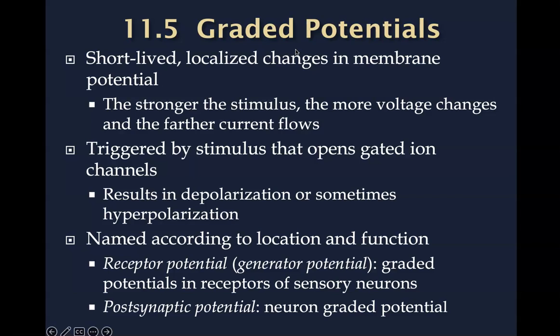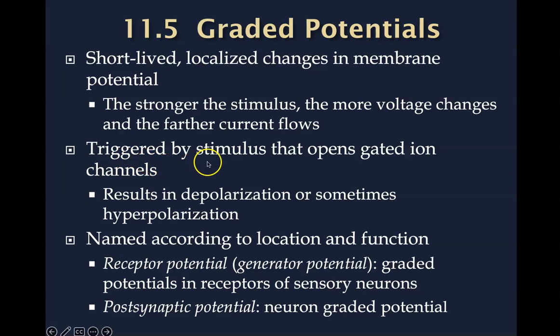So when we talk about these graded potentials, they're short-lived, localized changes, primarily in the dendrites and the cell body. The stronger the stimulus, the more voltage change that occurs and the farther the current flows. This will make more sense in just a minute when I draw this out and put it all together for you.